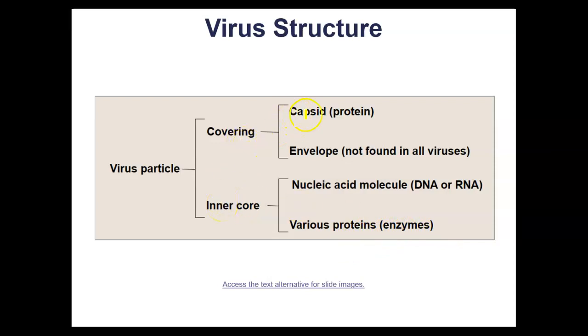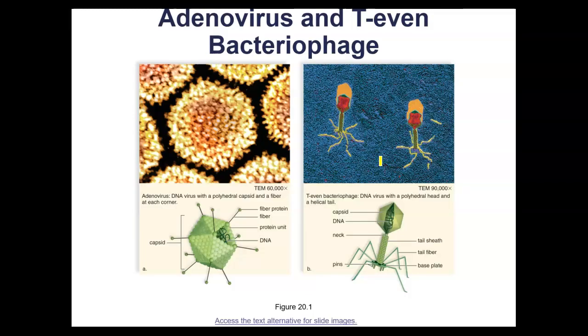The covering of the virus is always a capsid, which is made of protein, and sometimes an envelope. All right, and here we're seeing some common viruses. This is an adenovirus, which you can see has a DNA core and then a capsid that's kind of geometrical. And then it contains these protein fibers called glycoproteins that help it to attach to the host cells.